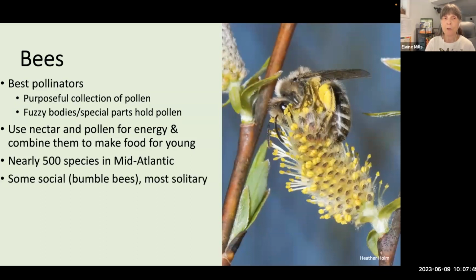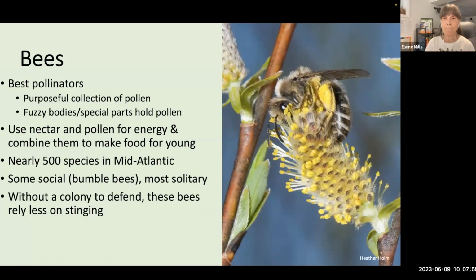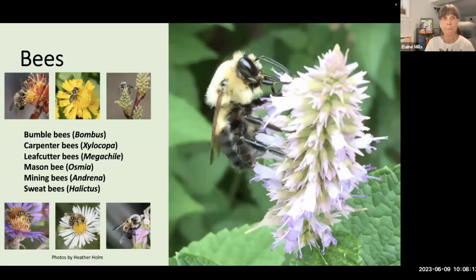Some of the bees are social. Bumblebees are the best example of that, but most of our native bees are solitary. That means that without a colony to defend, these bees are going to rely much less on stinging. 70% of native bees nest underground and 30% in cavities or the stems of native plants.